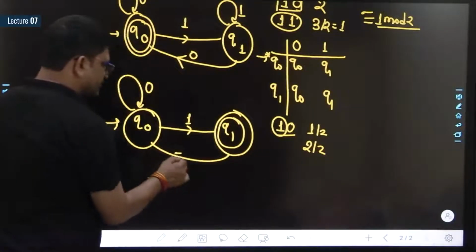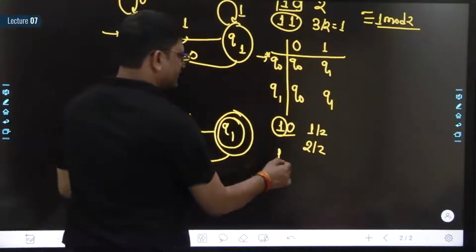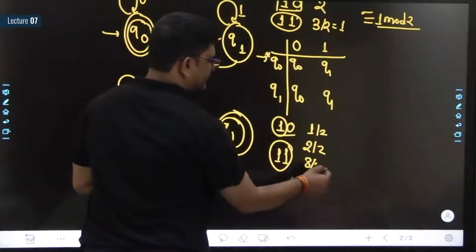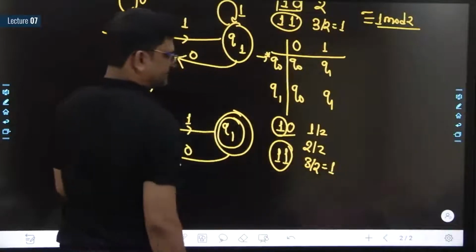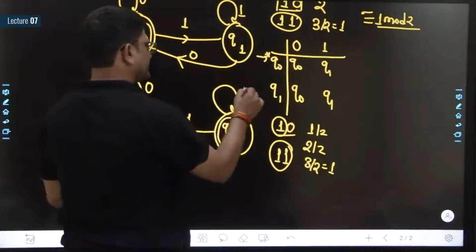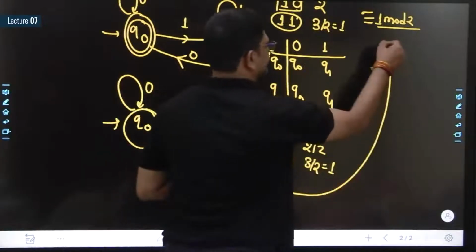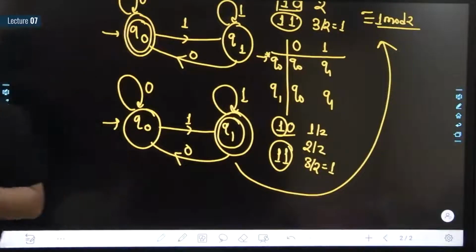It goes into this state. When we see 1 after 1, this is 3. 3 divided by 2, remainder is 1. This is the DFA for this question. Clear? Check. Please check this question.